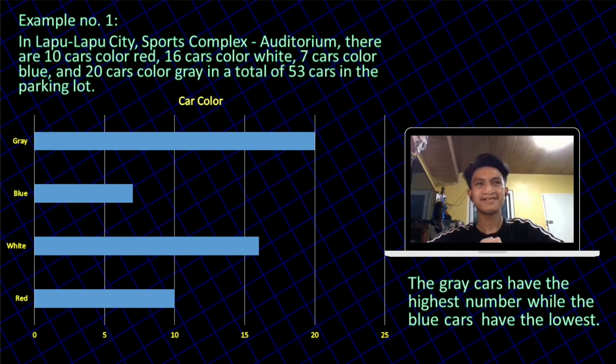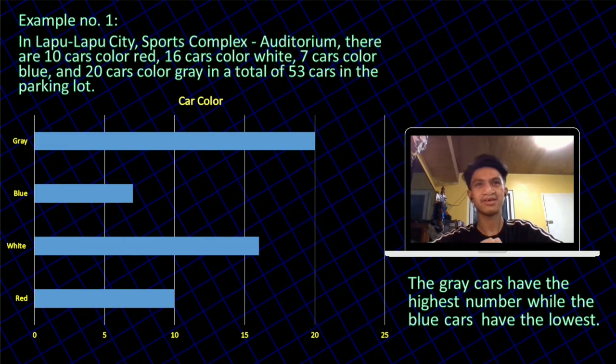Hi guys, I'm Jonathan Novamos, and this time we have a sample problem. Sample number 1. Look at the auditorium. There are 10 stars colored red, 15 stars colored white, 7 stars colored blue, and 20 stars colored gray, in total 53 stars.